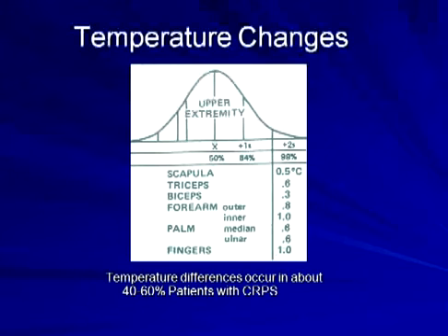So this is how an abnormality in temperature is defined, by taking all normals, studying them, seeing what the mean is, seeing what the standard deviation is, and anything that falls outside of 2 standard deviations would be abnormal. So if you're measuring, for example, fingers or the palm of a hand, and you measure the temperature from one side to the other, you can have up to 1 degree Celsius difference, and it still could be normal.